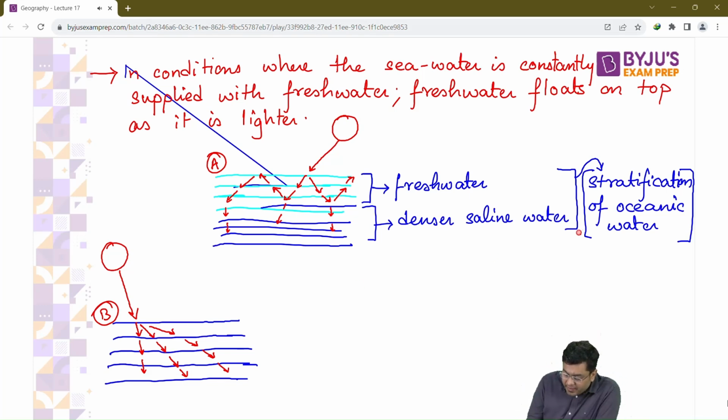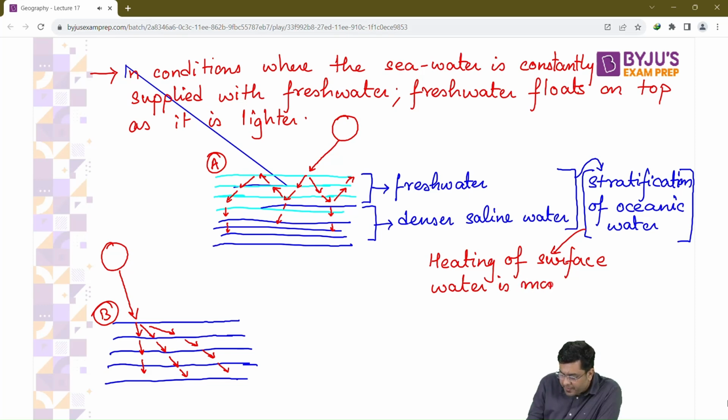So in this case, heating of the surface water is more frequent and more intense.